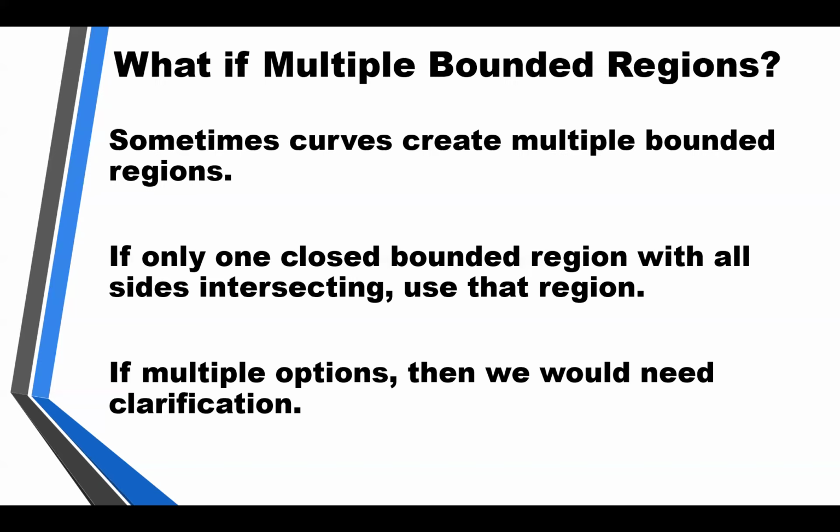So if there's only one closed curve that uses all the sides intersecting as the perimeter, then we'll use that region. But there are certain times which it's ambiguous which region we should use. If there are multiple options, then we need a little bit more clarification.